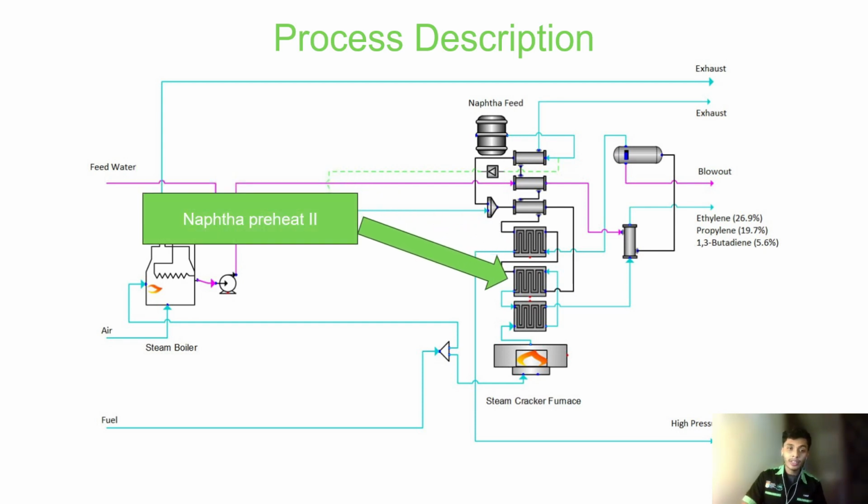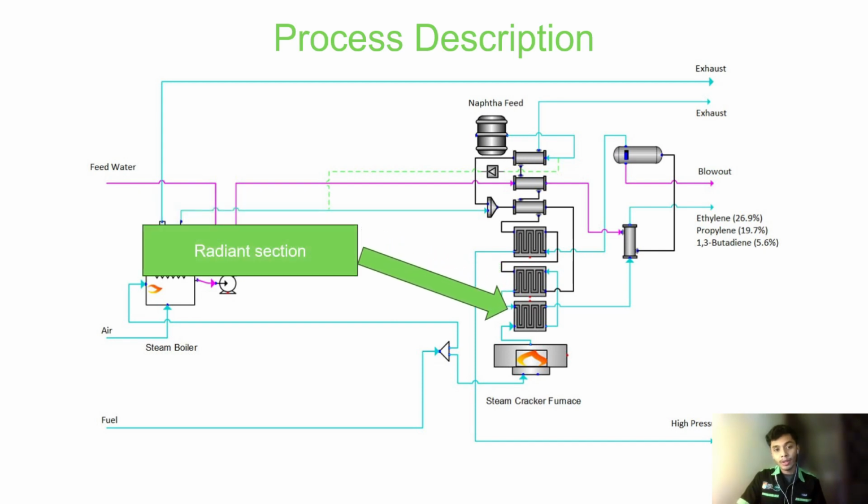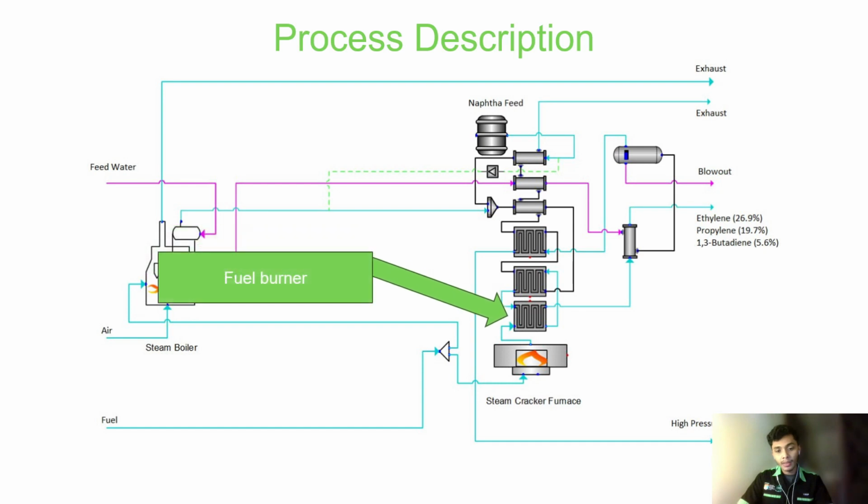The second naphtha steam preheater further preheats the naphtha steam mixture to reach the desired temperature before entering the radiant section. The radiant section is where most of the thermal cracking occurs. Larger hydrocarbon molecules are broken down into valuable petrochemicals such as ethylene and propylene.